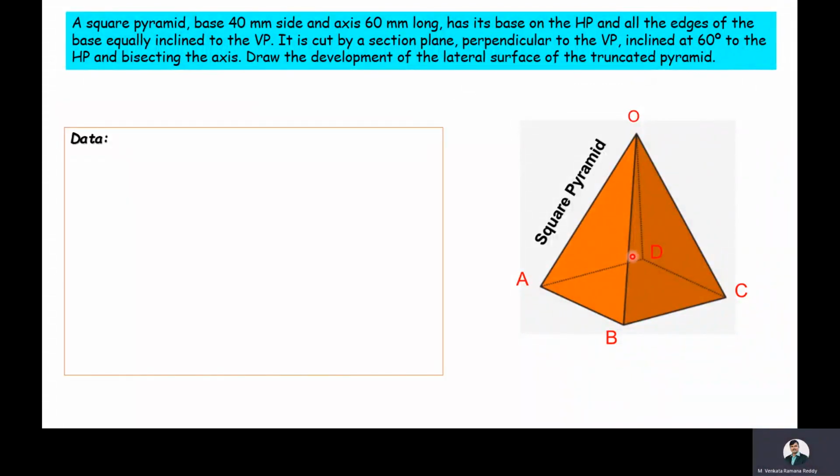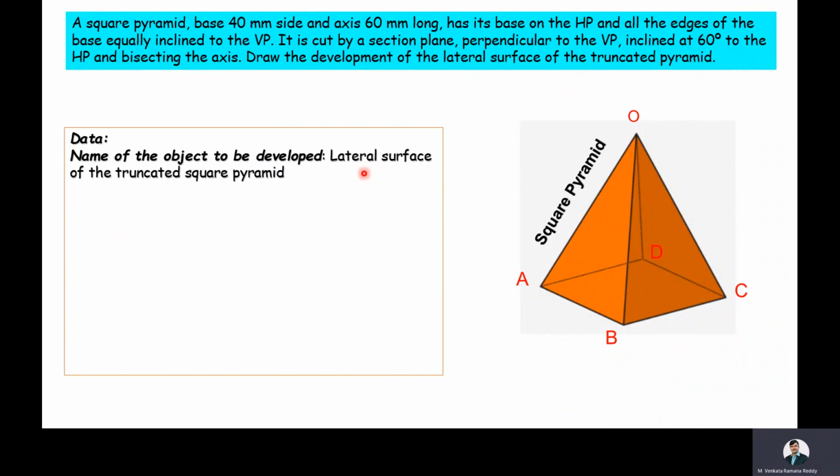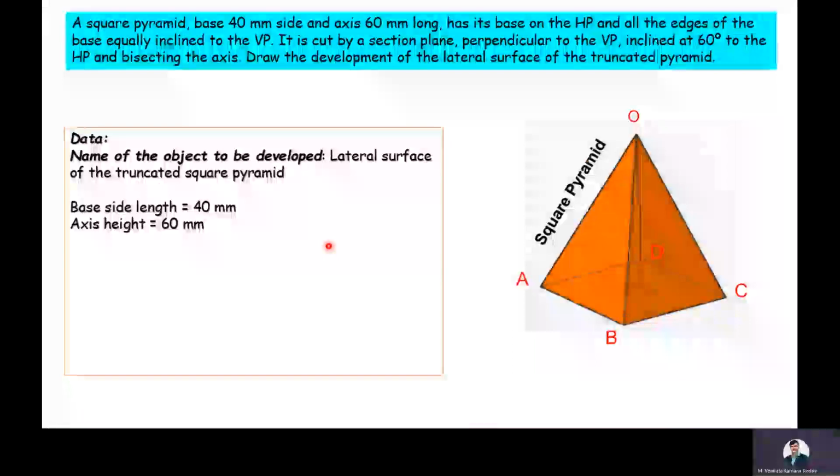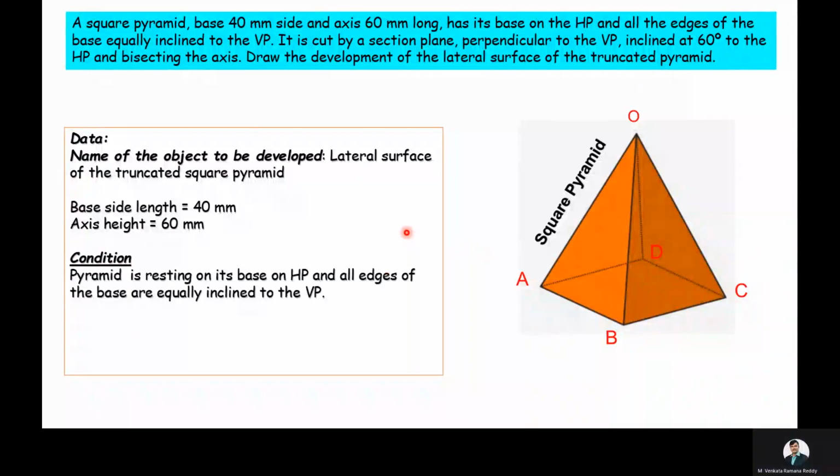Here, the name of the object to be developed is lateral surface of the truncated square pyramid. The base side length of the square pyramid is 40 mm, axis height is 60 mm. The given condition is the square pyramid is resting on its base on HP and all base edges are making equal inclination to the VP.